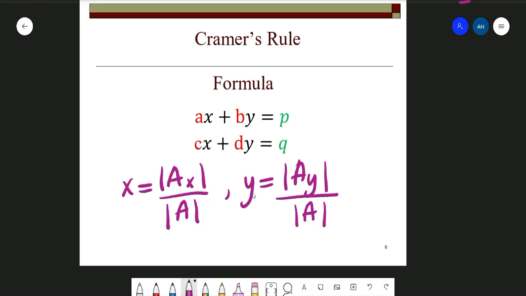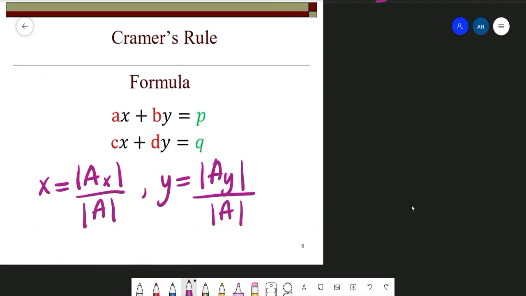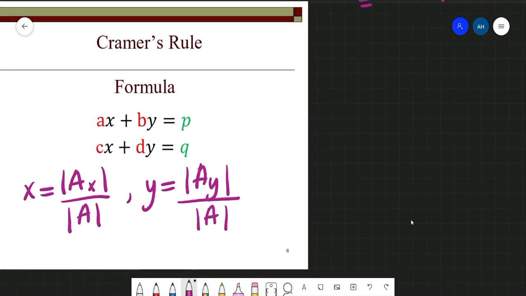To find y, the numerator is the determinant of Ay. That's the only difference. We divide by the same value, the determinant of A, in both. Now, I need to explain what we mean by matrix A, matrix Ax, and matrix Ay.